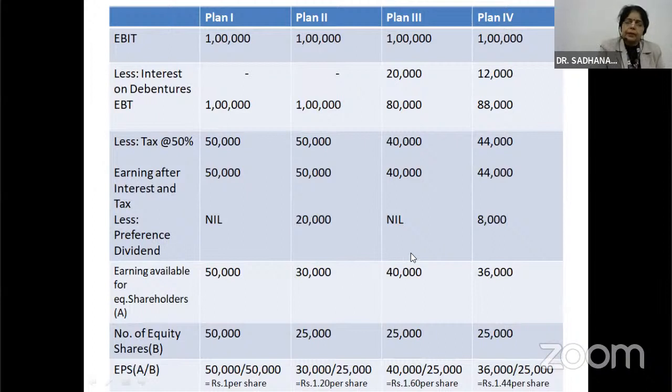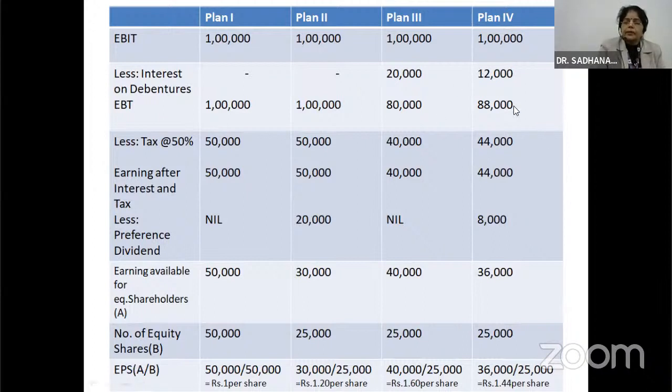In plan 3, 40,000 is the total earning after interest and tax, and we are not using preference shares in this plan, so we are not deducting any preference dividend, and the total amount available for the equity shareholders is rupees 40,000.